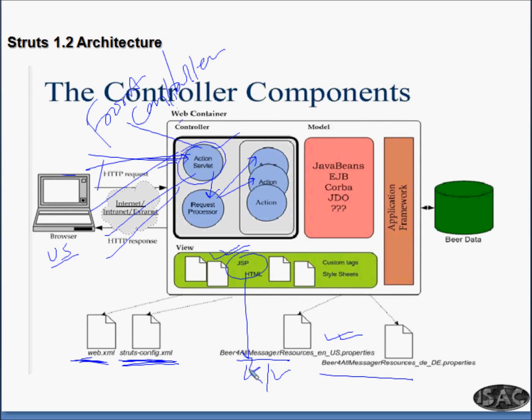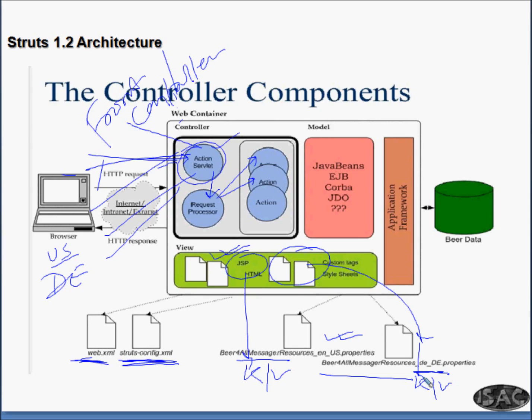Same thing, I'm making a different page for German. So if this is a German user, what will happen? The JSP page will use this file. Here also we have key-value pairs, so it will look for the key, get the value and render that particular value to the page. So this is the architecture.